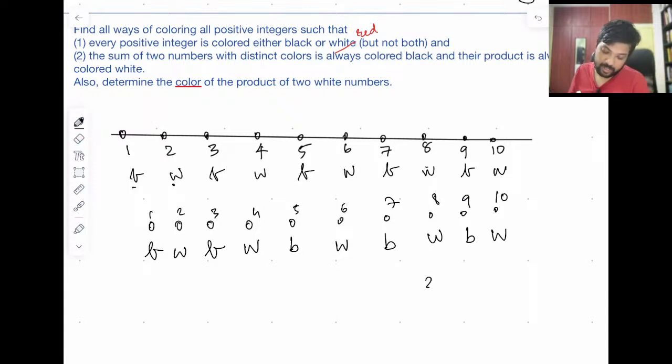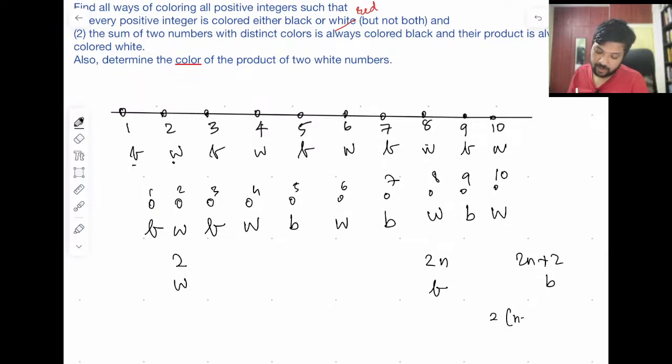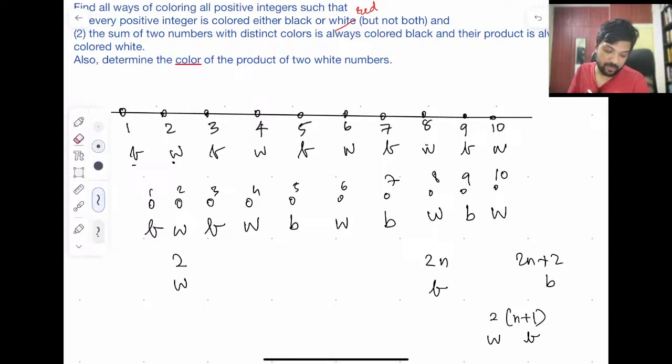If 2n were black by hypothesis and this is white, then 2n plus 2 would have been black, but that should contradict because you have 2 into n plus 1, where 2 is white and n plus 1 we already know is black. So if n plus 1 is black, then n is even. Okay, for even n, I think all multiples of 4 it's happening. Actually, here also we see we missed 4. Next we didn't know how to get 8. Everything else we could get. So only for multiples of 4 it will, I think, give you an induction proof.